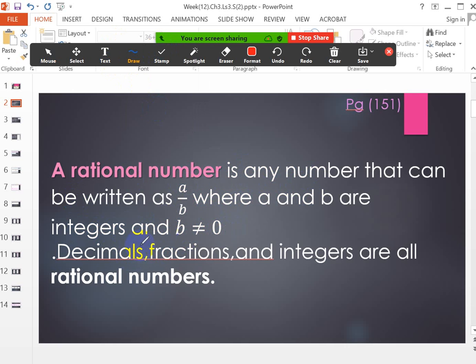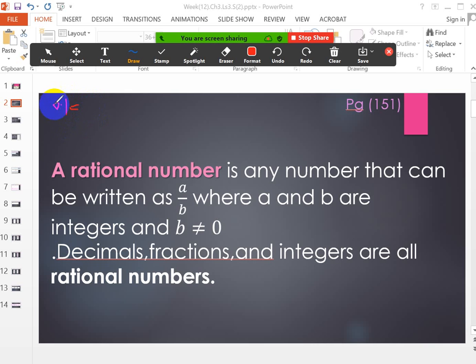That means decimals, fractions, and integers are all rational numbers. Why? Because when we say decimals, can I write them in this form, A over B? Like when I say 0.1, can I write it as a fraction?